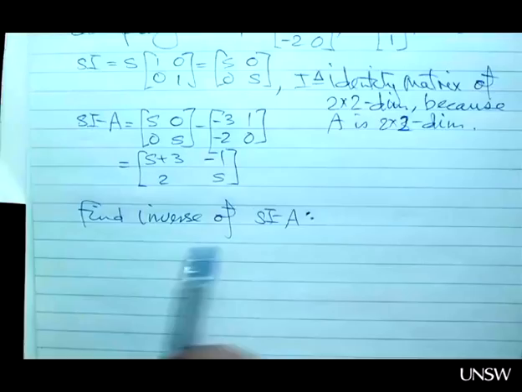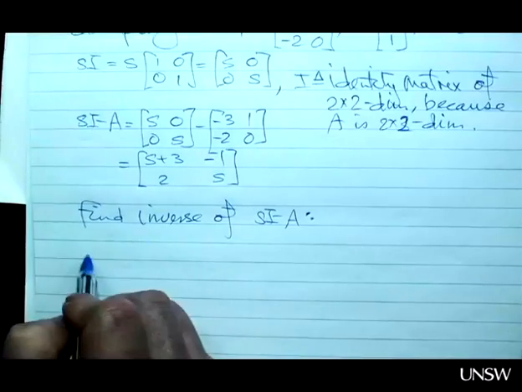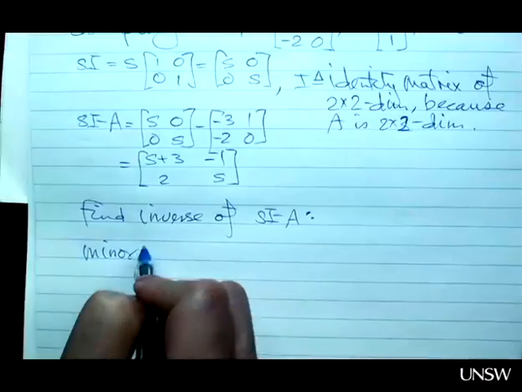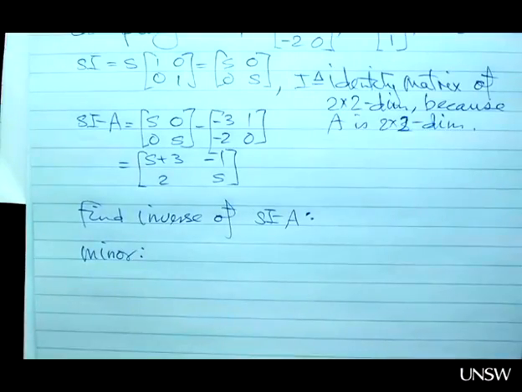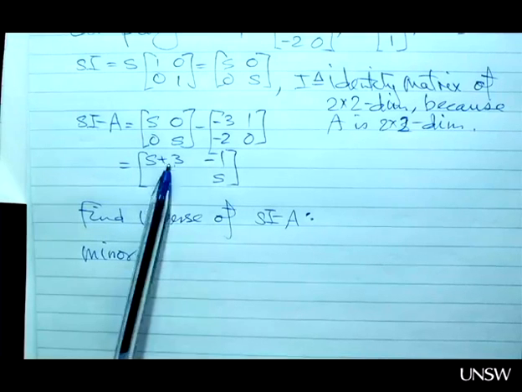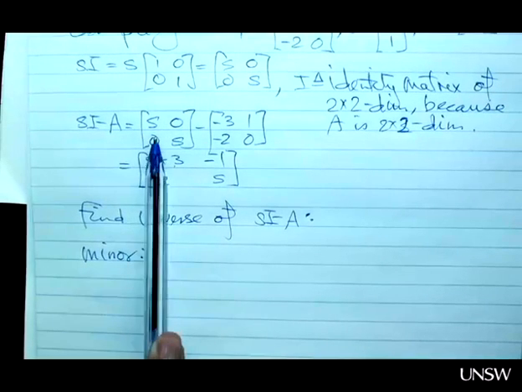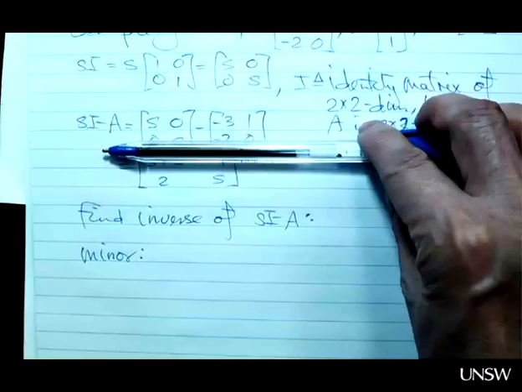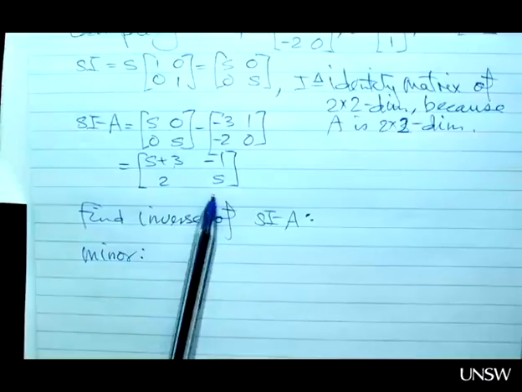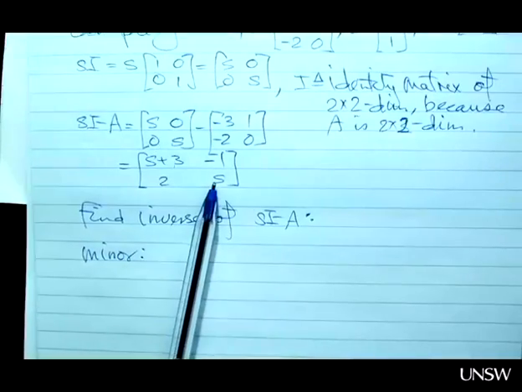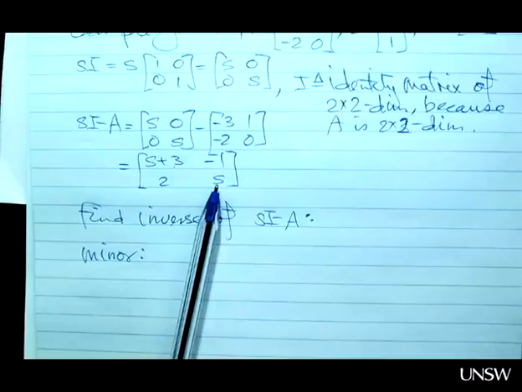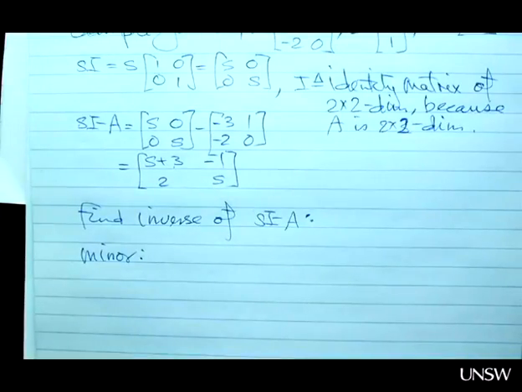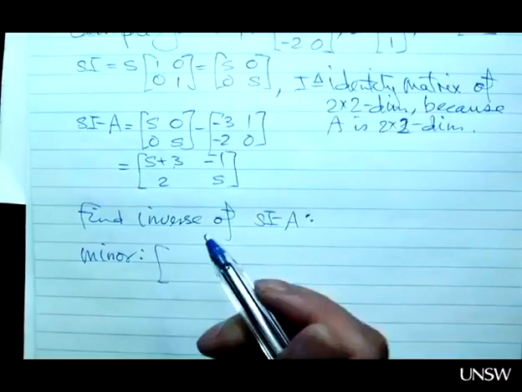First of all, we find the minor matrix. Remember how to find the minor matrix? For the first row, first column element, we cross out the first row and the first column, and the remaining element is s. So we have the minor matrix: s and minus 1, and 2, s plus 3.